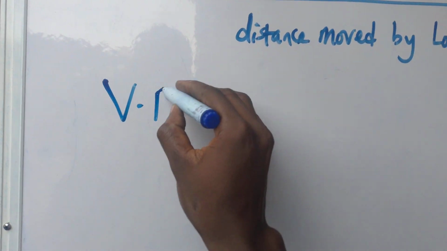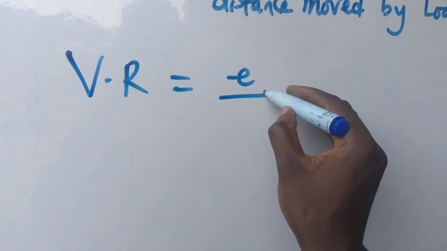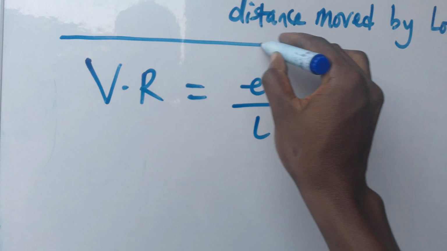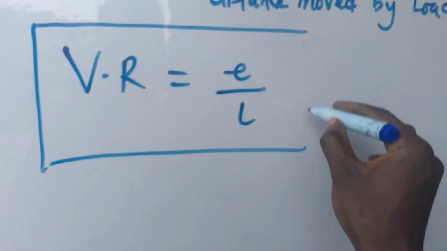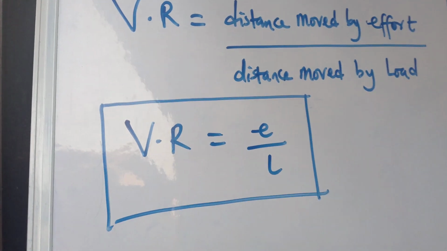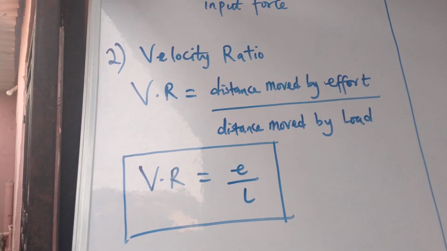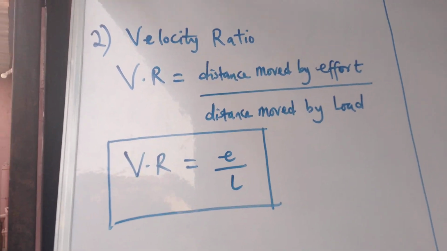Mathematically, VR is equal to small e over small l. Distance moved by effort over distance moved by load, that's the formula for velocity ratio.